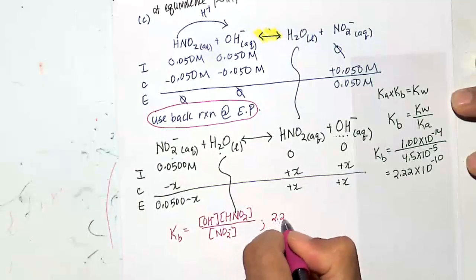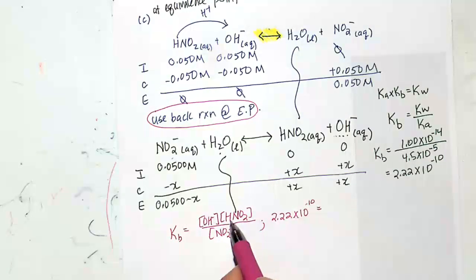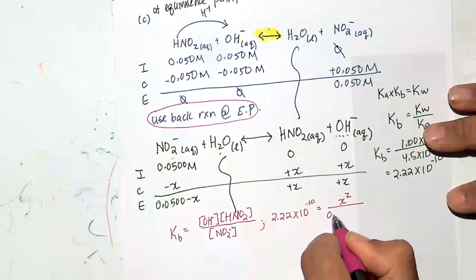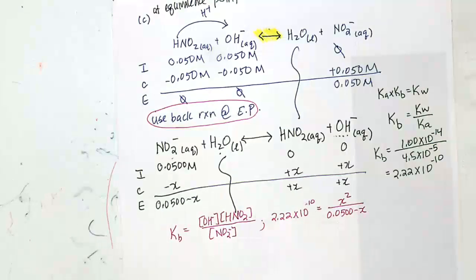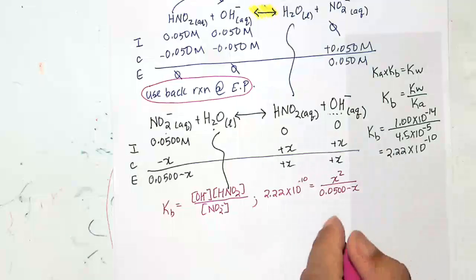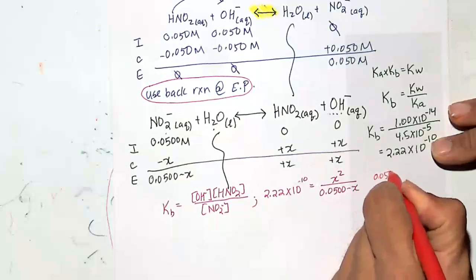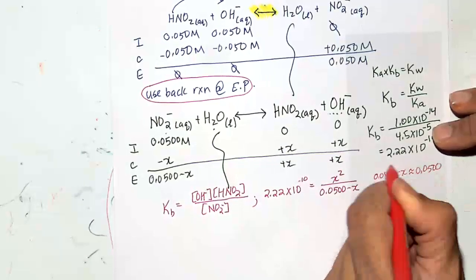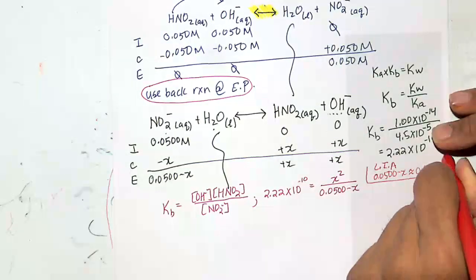We just calculated KB as 2.22 times 10 to the minus 10. HNO2 is x, OH minus is x, times x is x squared, divided by 0.0500 minus x. We will assume x is small. This is called the low ionization assumption. So 0.0500 minus x is about 0.0500.